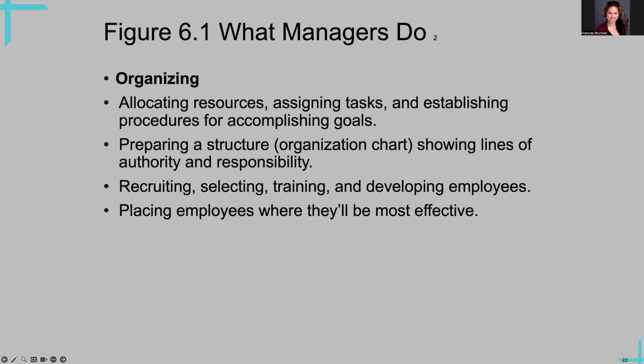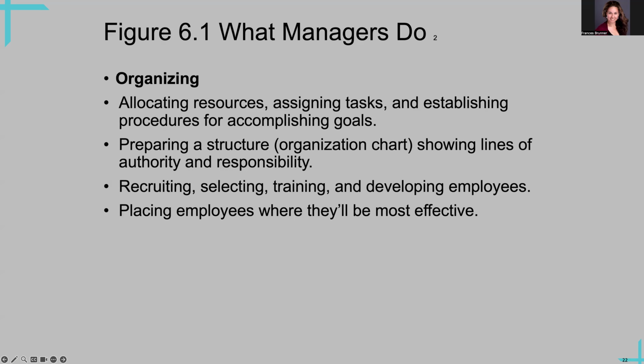The organizing role is comprised of task assignment and establishing the procedures that are a level below the overarching strategy. So what moves do we need to make tactically in order to get to the ultimate goal?